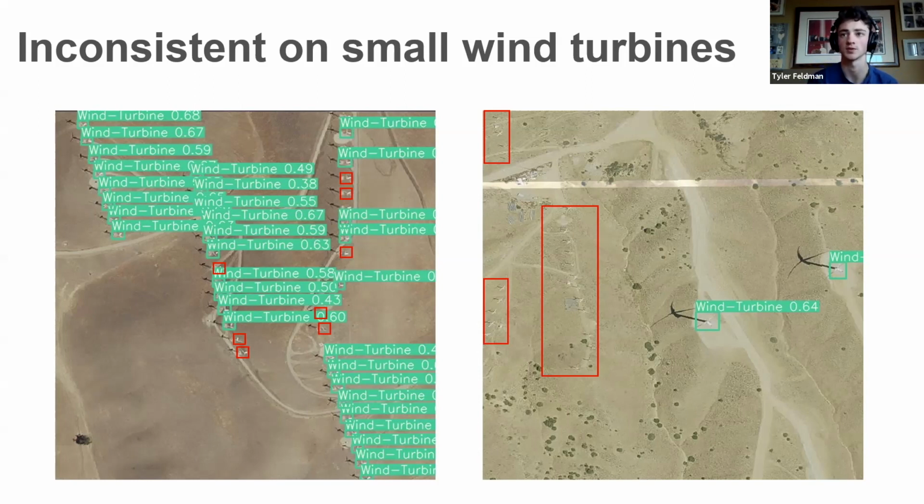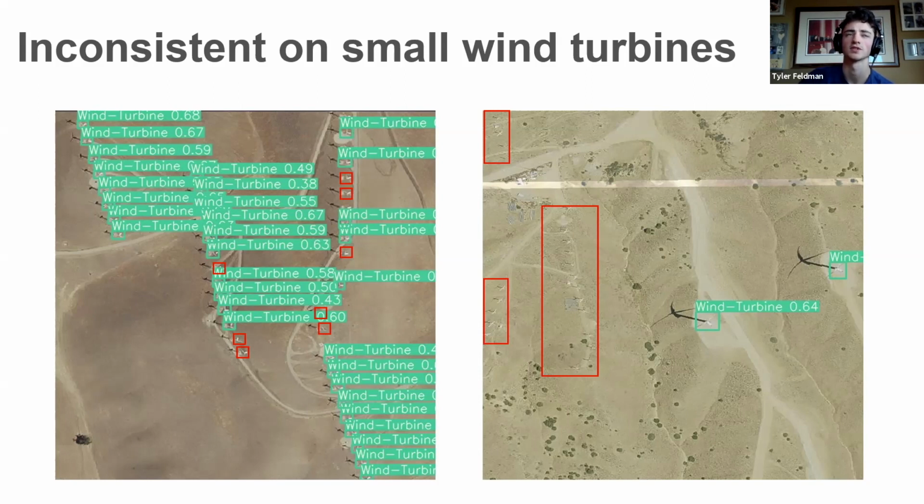Then we created synthetic data meant to mimic the data we observed in California and Arizona and looked at how it performs on this novel domain and these novel variations of wind turbines, because in the training set for that experiment, there would be no small wind turbines.